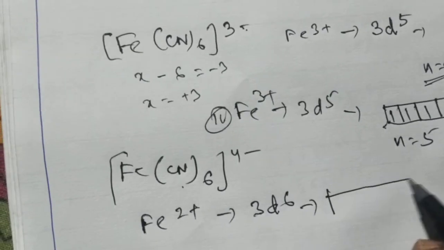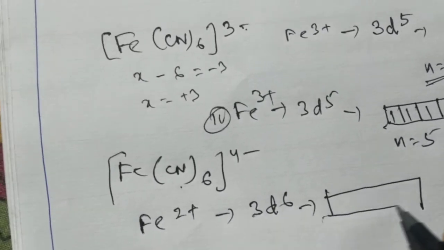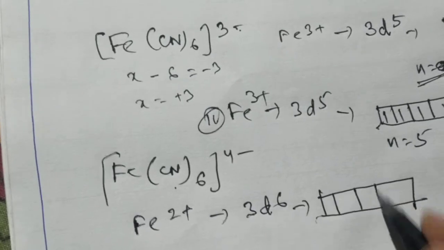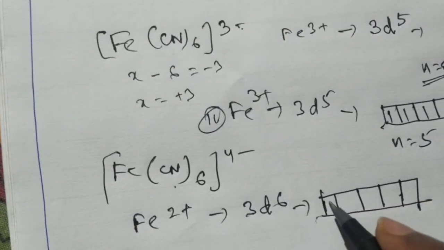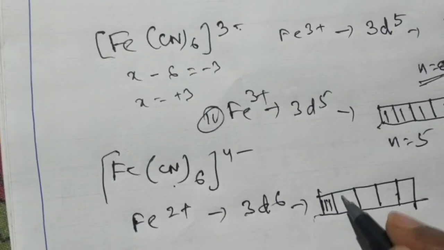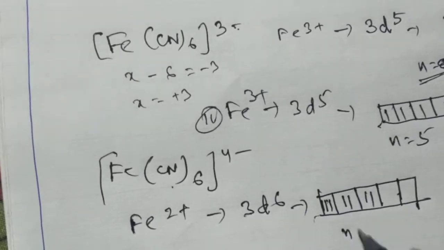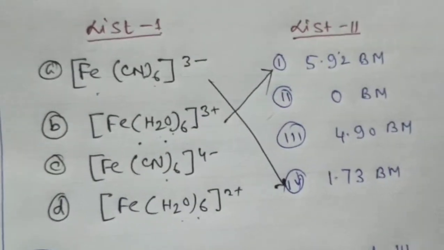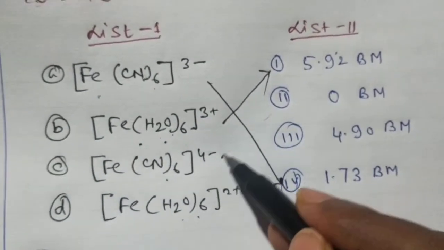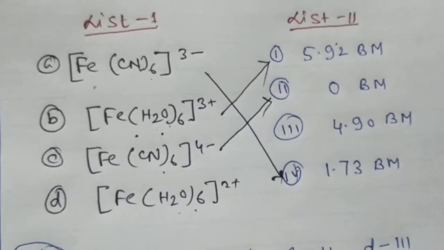So electron pairing occurs 1, 2, 3, 4, 5, 6. n is equal to 0. So mu is equal to 0. Here mu is equal to 0 for this complex compound.